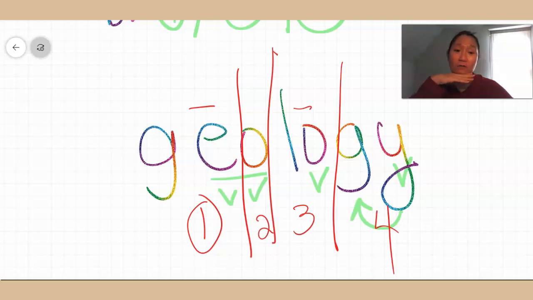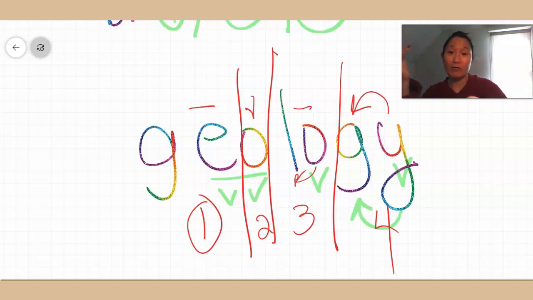Ge-ol-o-gy. Okay? Because that Y grabs the G, so you can break it there. The O grabs the L, so you can break it there. This O right here does not have anybody. It can stand by itself. O, because it says G-O-O-O.